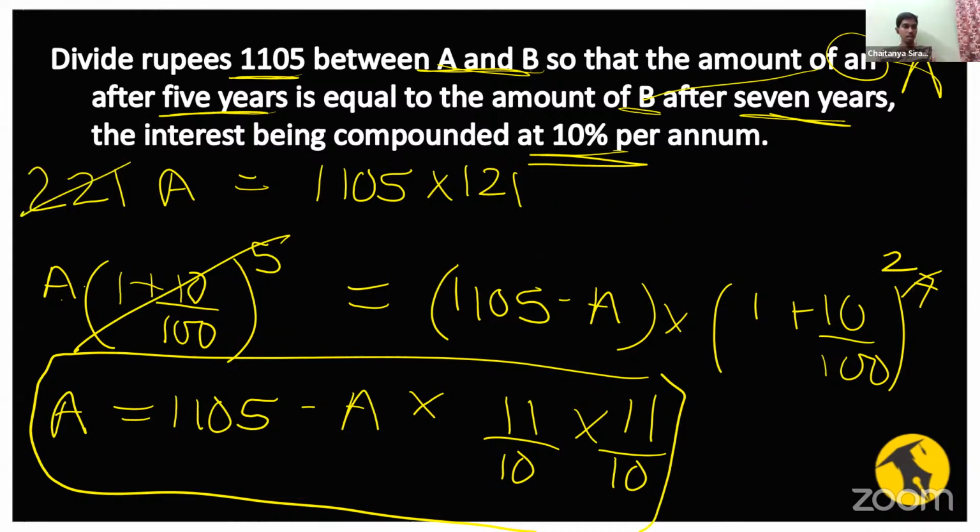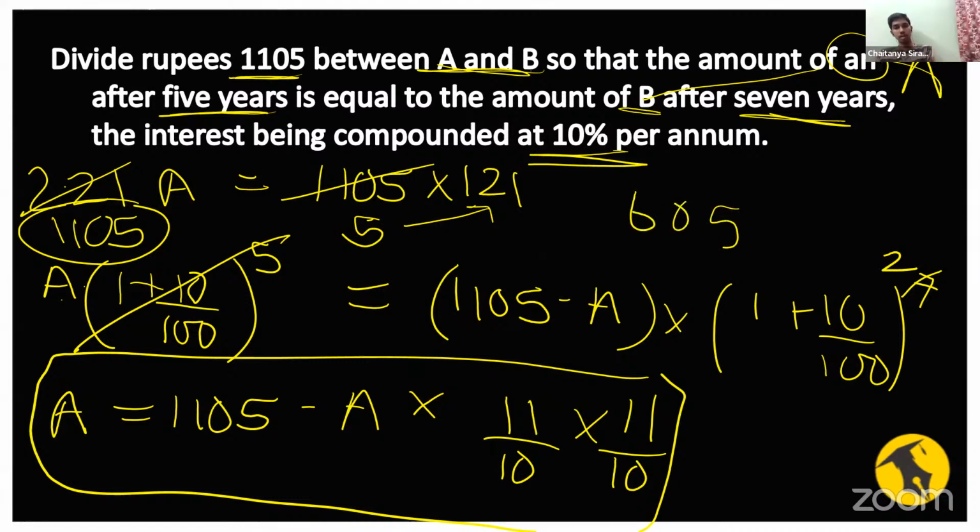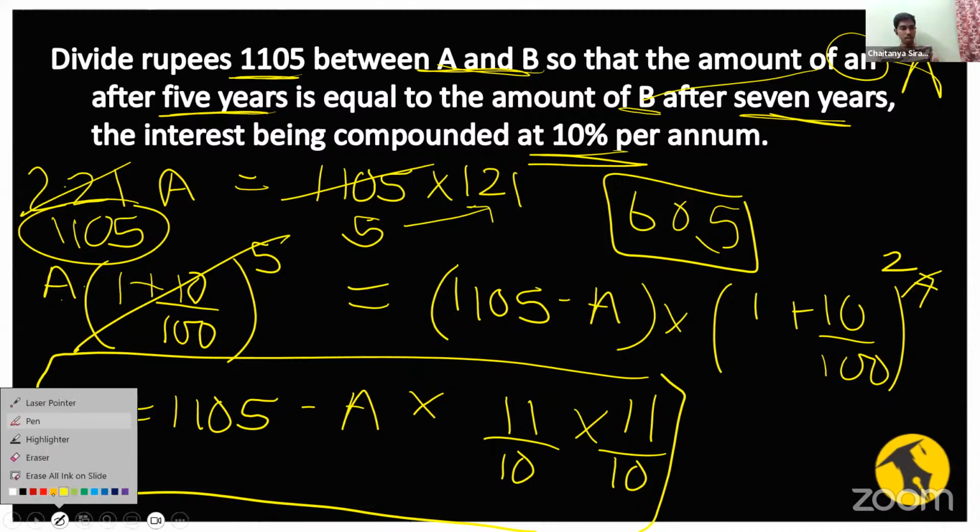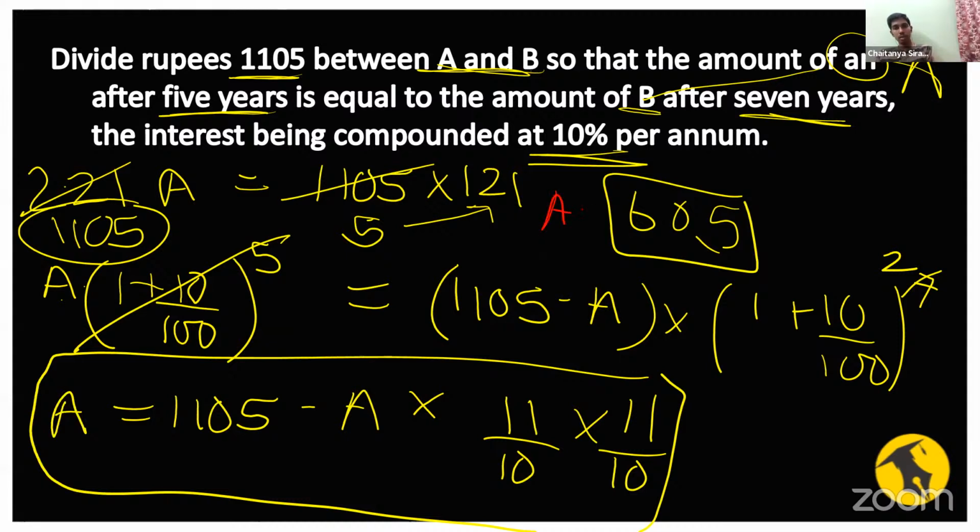If I can see, this is clearly 5 times of this. 221, if you take half, it will be 1105. Alright. So this is 5 times. So if you solve, I'll get how much? 605. So value of A is 605. So A equal to 605.